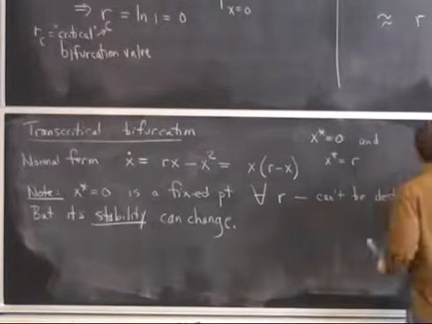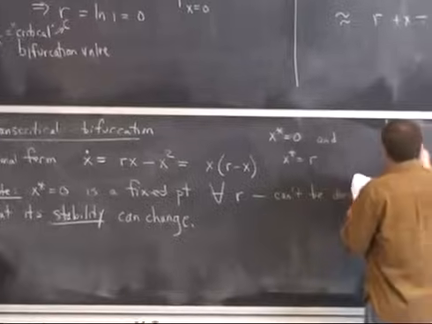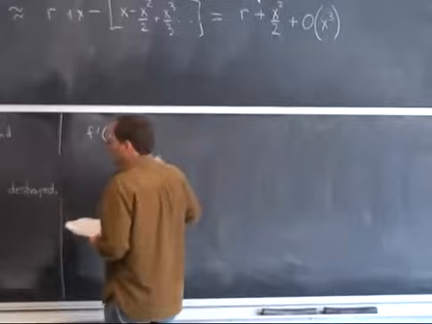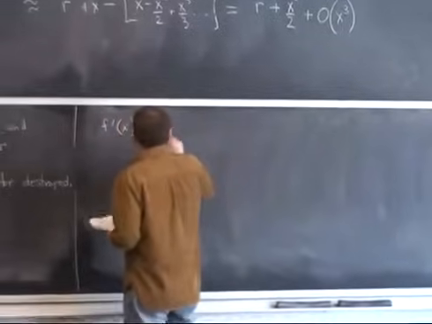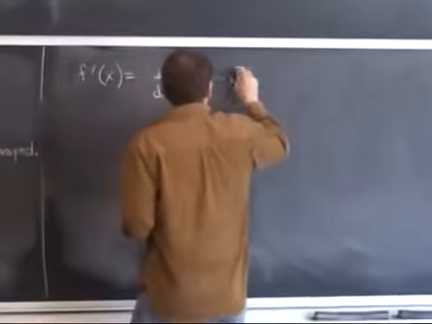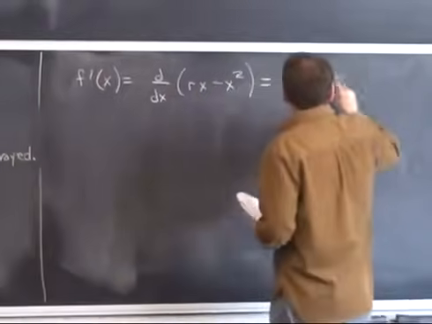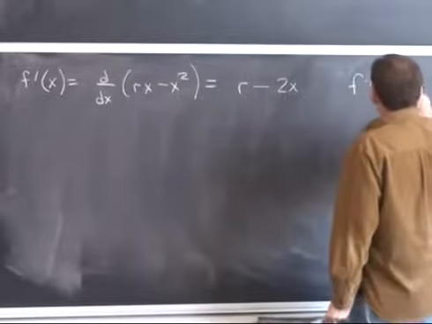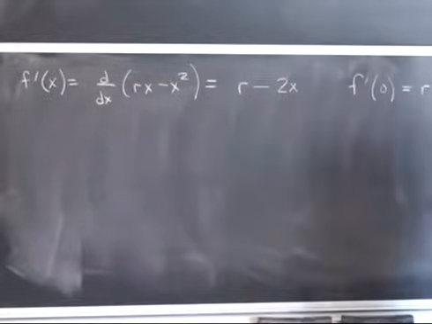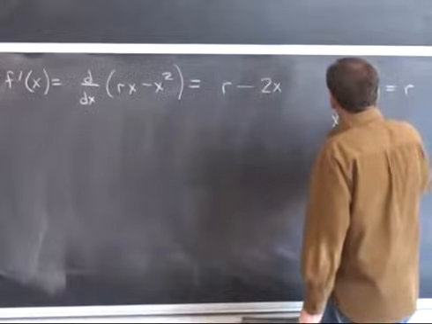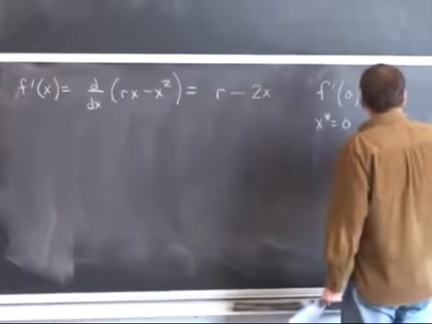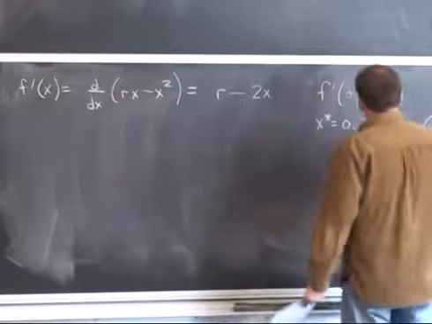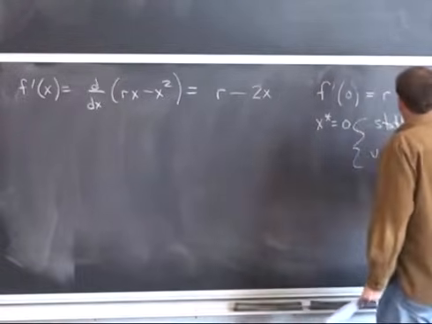That is, this system has a linearization. If we look at f prime of x, it would be d/dx of rx minus x squared. That's r minus 2x. And so f prime at 0 is r, which says that x star equals 0 is stable when r is less than 0 and unstable when r is greater than 0.